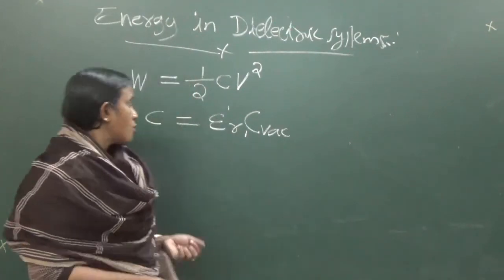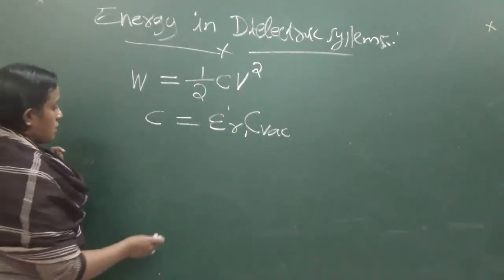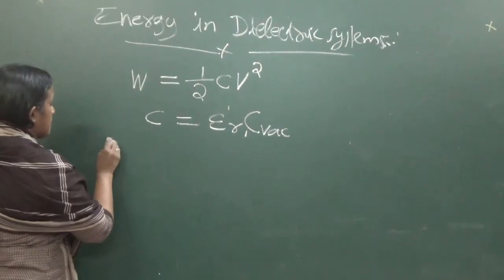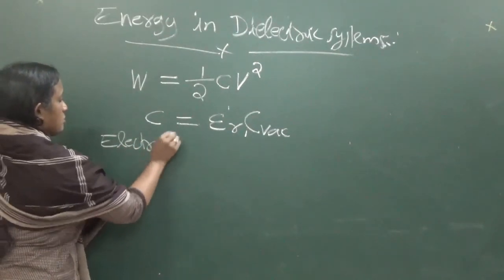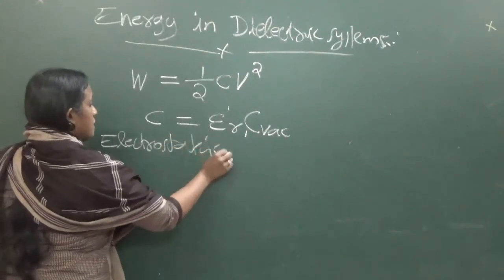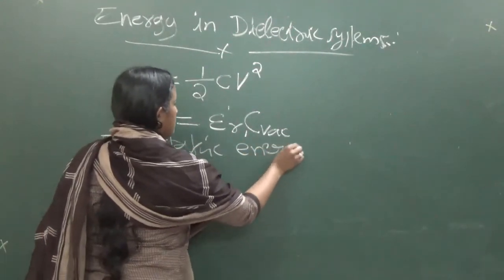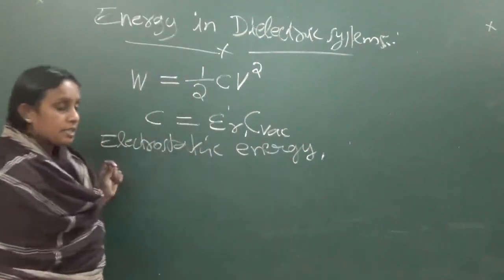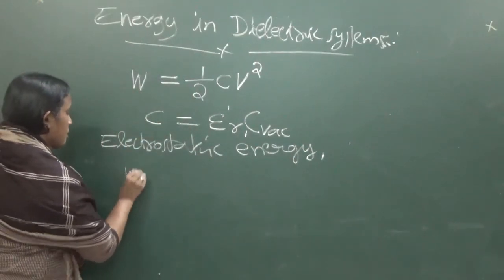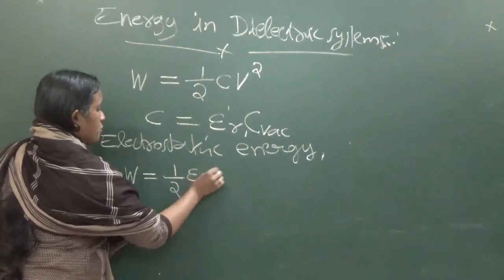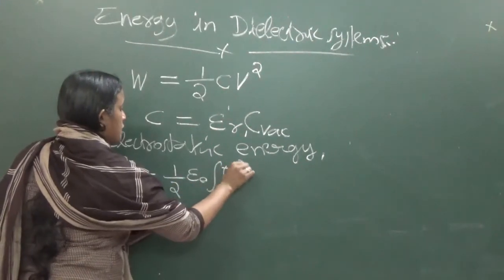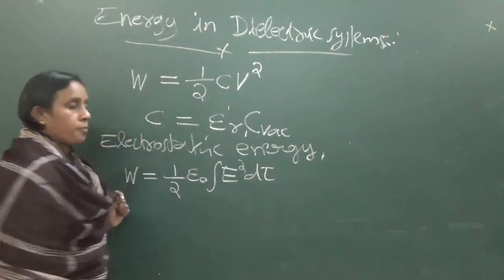We can write the electrostatic energy as half epsilon 0 integral E square d tau.